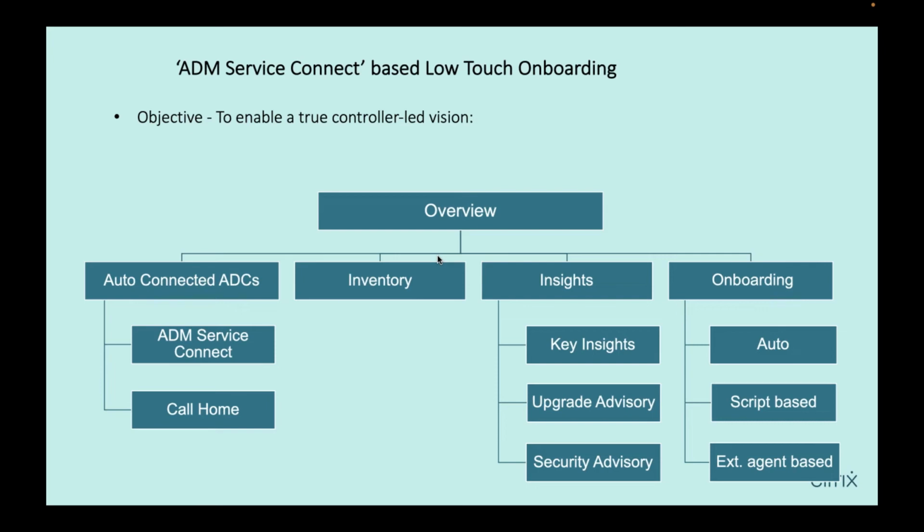If these features are enabled on ADCs, your ADCs are auto connected to ADM service, and ADCs will be sending some basic information in the form of metrics to ADM service, with the help of which we curate an asset inventory and map it to your organization ID. So we'll give you all the ADC instances that are mapped to your organization ID in the asset inventory.